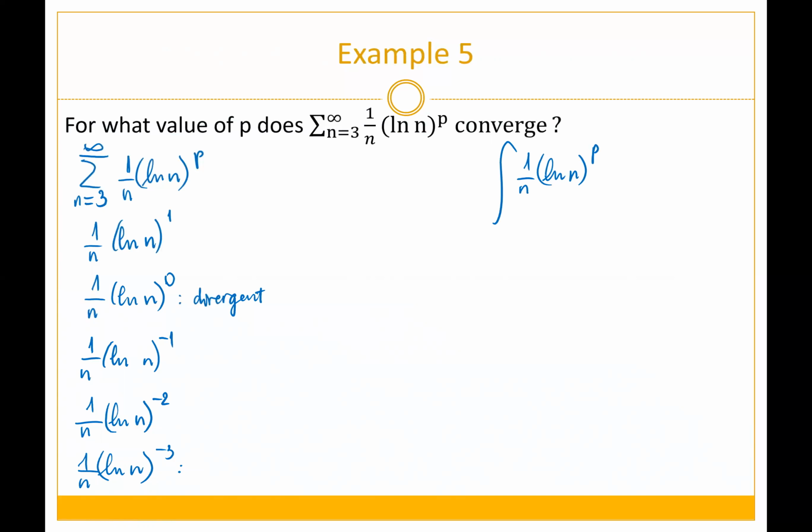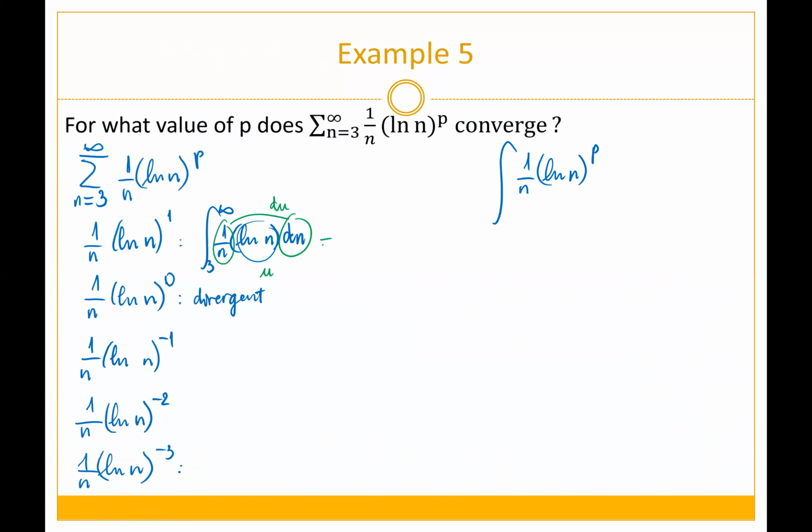If p is a positive number, say ln of n to the 1, when you find the integral from 3 to infinity of 1 over n ln of n, what do you have here? If you let ln of n be u, then this one is going to be du.